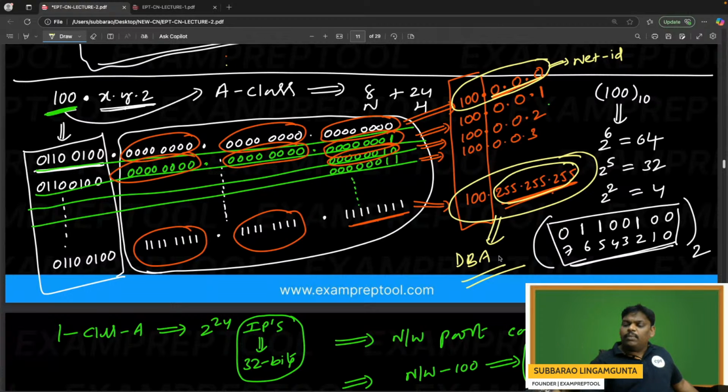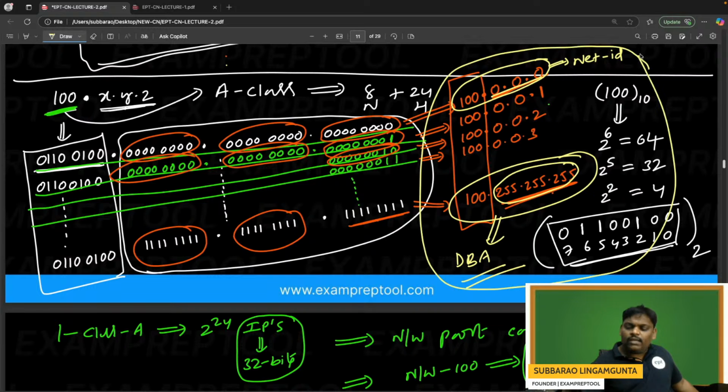Remember, 2 power 24 IPs are possible; you need not bother that much. Total is 2 power 24 IPs. In those, one IP is the net ID, where the host part is all zeros. One IP is the DBA, where the host part is all ones.